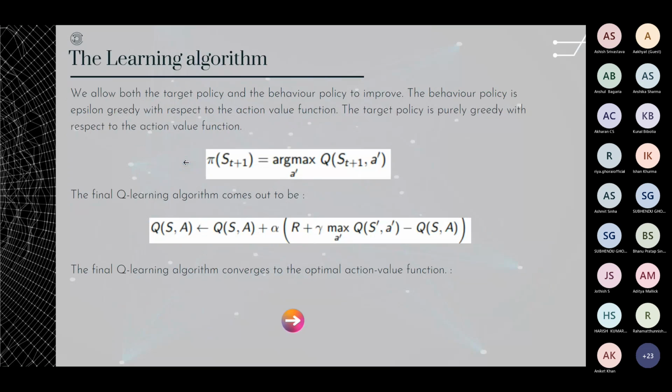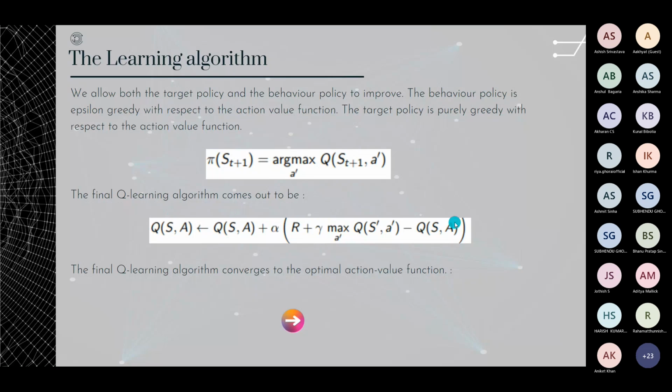We'll look at what the learning algorithm of simple Q learning looks like. We usually denote the action value function as Q, which is a function of the state and the action that we took. If we are in a particular state and take a particular action, we update the action value function for that state-action pair with this term.